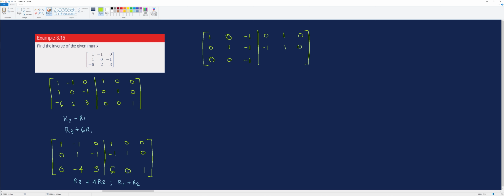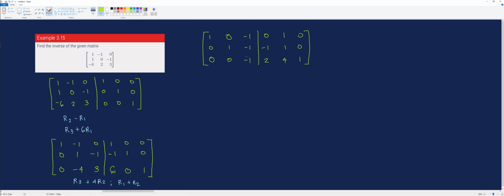And continue the process. That is 6 plus 4 times negative 1, so that is 2. Then 0 plus 4 times 1 is 4. And 1 plus 4 times 0 is 1.